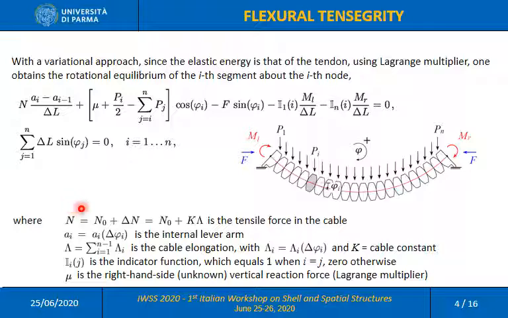In all these equations we have a few quantities. First of all, the parameter N, which represents the tensile force in the tendon, which is the sum of the initial pre-stress N_0 and delta N, which is the variation of the tensile force due to the elongation of the cable.